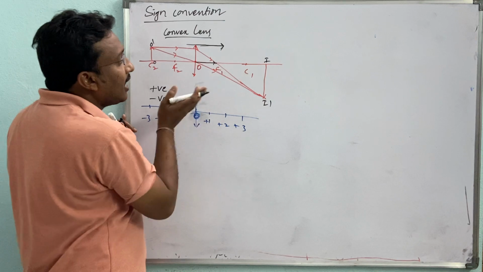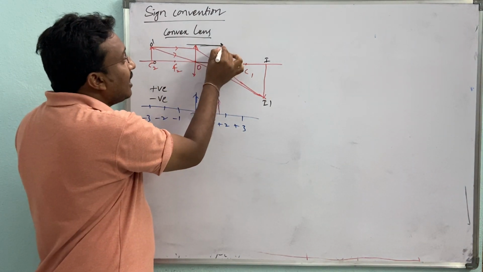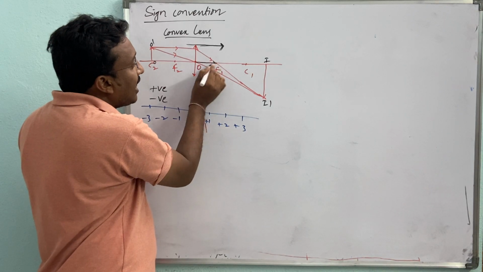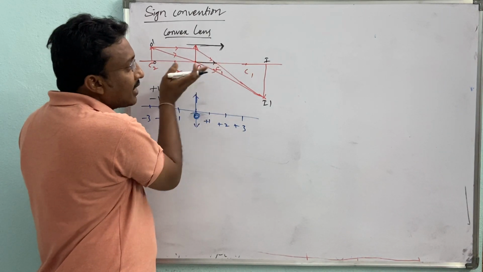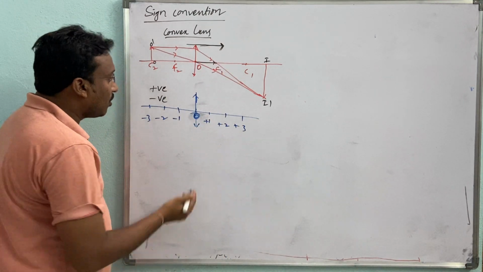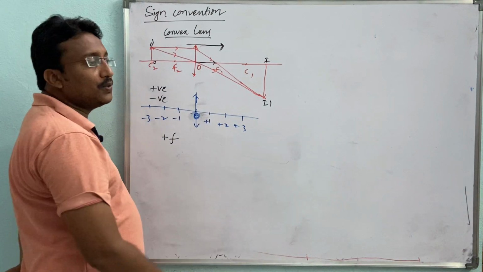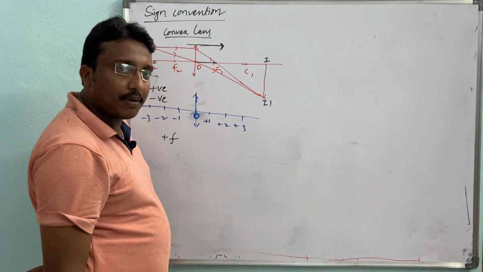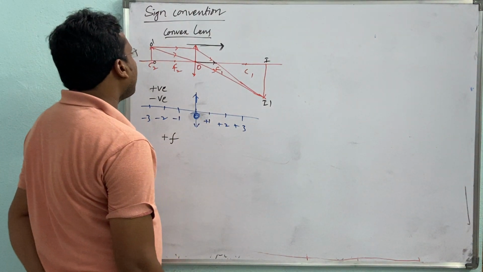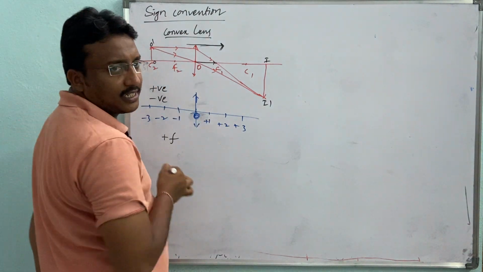These arrows show the direction of measurement and the direction of the incident ray. Both in the same direction, no? In a convex lens we have to take F as positive.